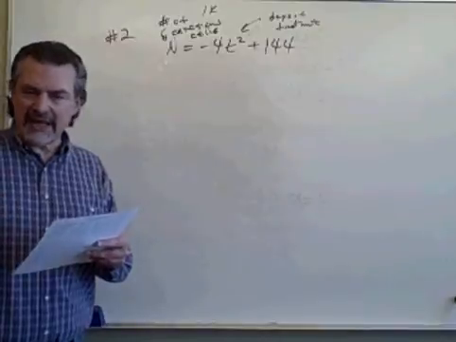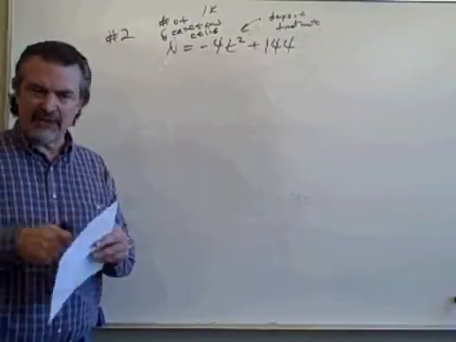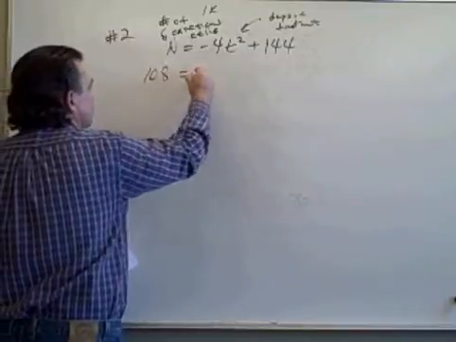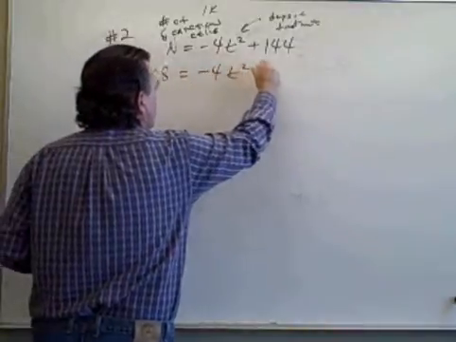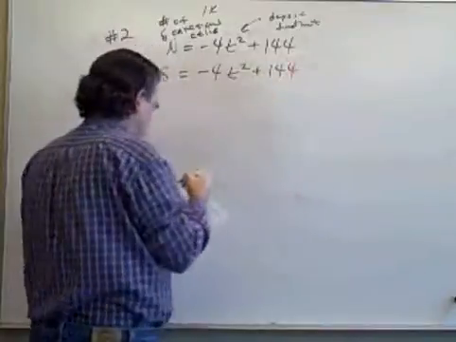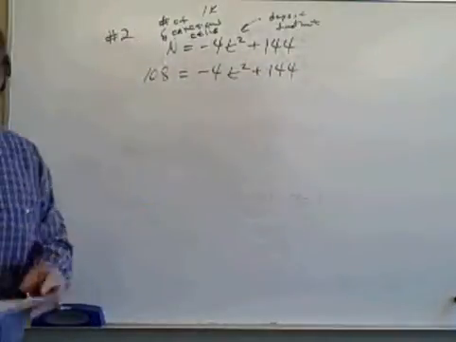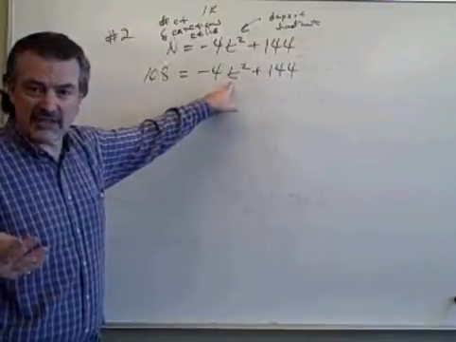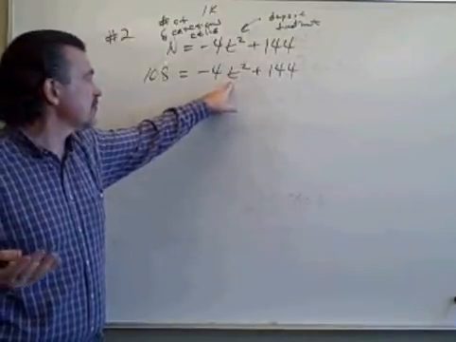So the 108 is the n value, isn't it? So we want to know how many days of treatment, that's what the T stands for, T for time, days of treatment.